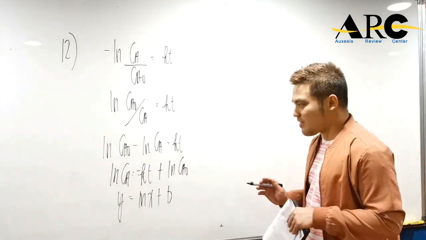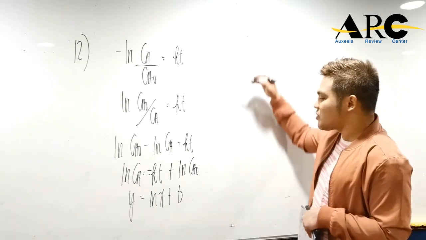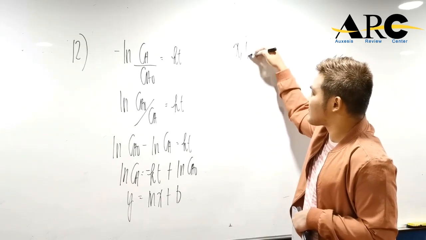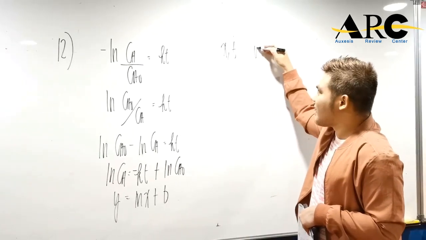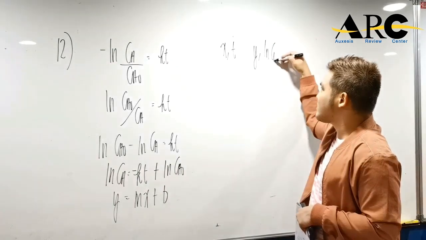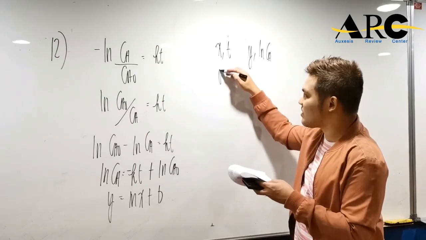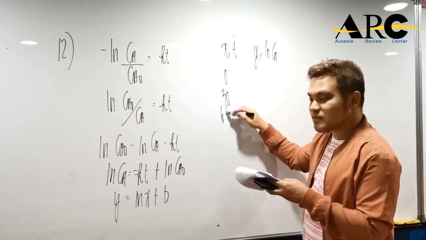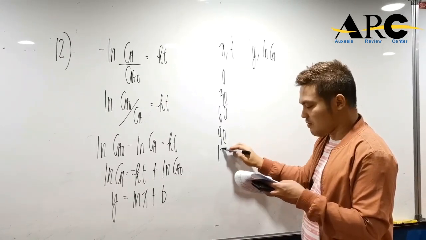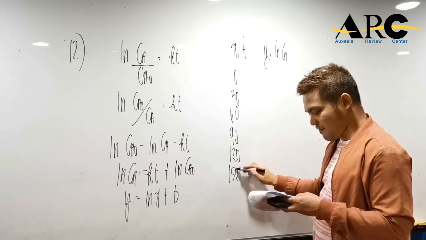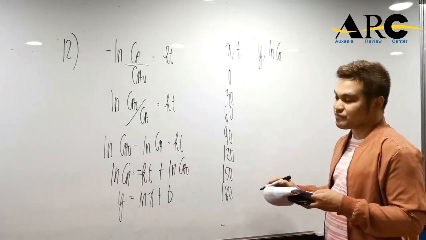So, using your calculator, linear regression. Ang x-axis natin is time. Ang y-axis natin is ln CA. Ano ba yung mga value ng x-axis? 0, 30, 60, 90, 120, 150, and 180.